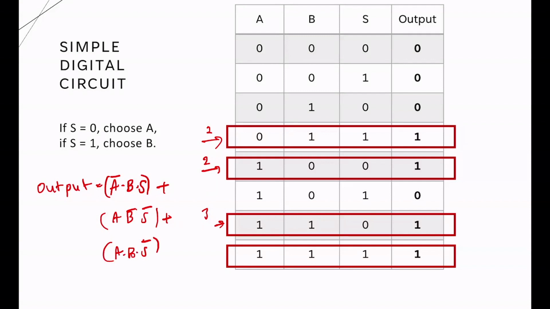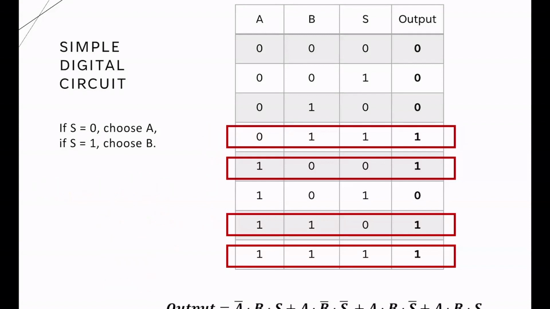After some time, you will omit the ANDs and just write it down together. The last case is A, B, S. So here we have the output circuit from the truth table as an equation.